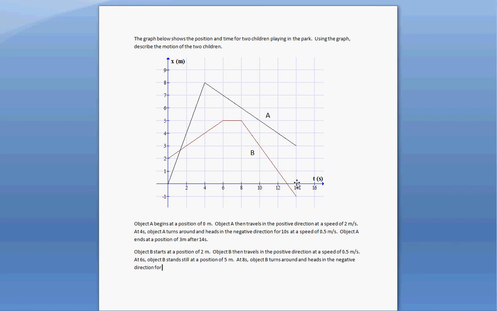So 8 to 14, so that's 2, 4, 6 seconds. At a speed of, well, let's see, after 1 second, we've gone from 5 to 4. Double check that. 1 second of time, 5 to 4, so that's 1 meter per second.